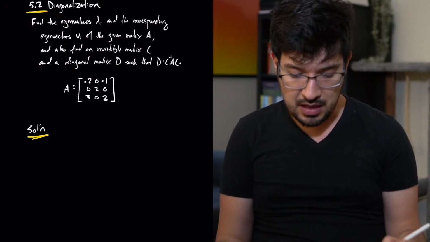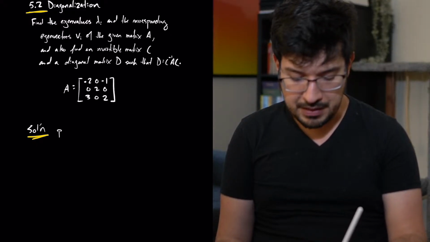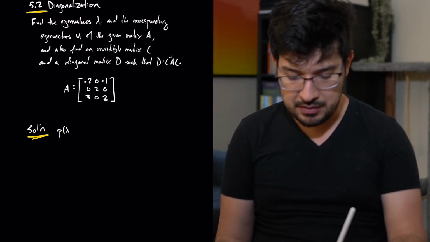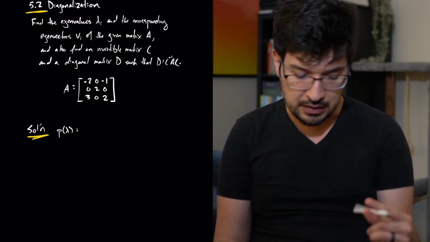Okay, so we do the same tricks. P of lambda, the characteristic polynomial. Let's see.